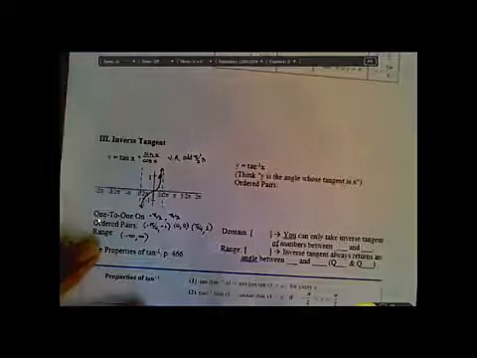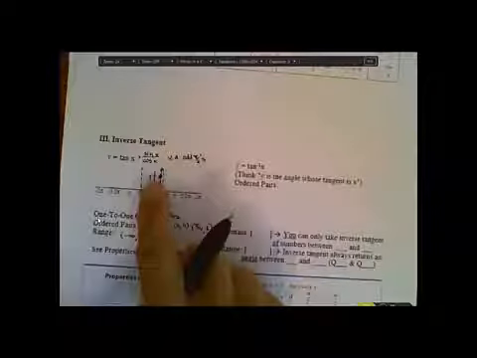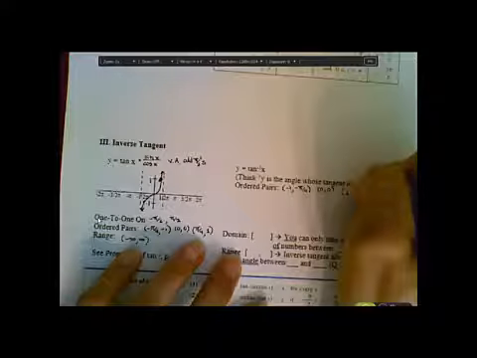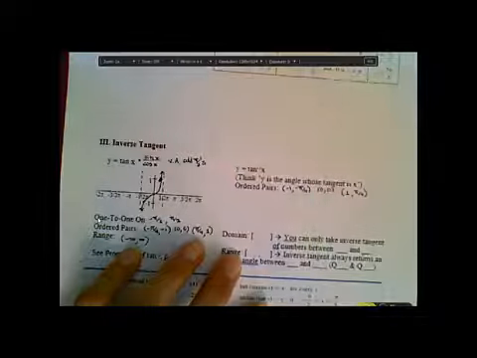So to graph inverse tangent, I just need to think these two functions are inverses of each other. That means all of their ordered pairs are reversed. Instead of negative pi over 4, negative 1, the graph of inverse tangent will have negative 1, negative pi over 4. And the ordered pair 0, 0. And the ordered pair 1, pi over 4.